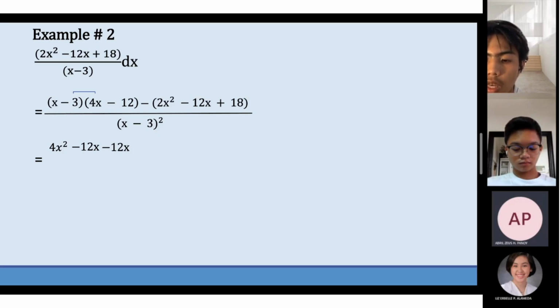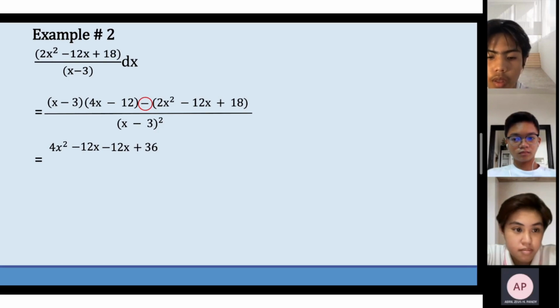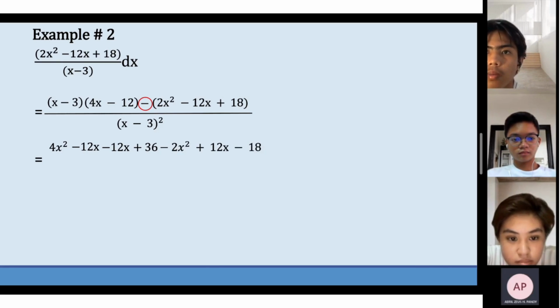And negative 3 times negative 12 is 36. Then distribute the negative sign. So minus 2x squared plus 12x minus 18 all over the quantity of x minus 3 squared.